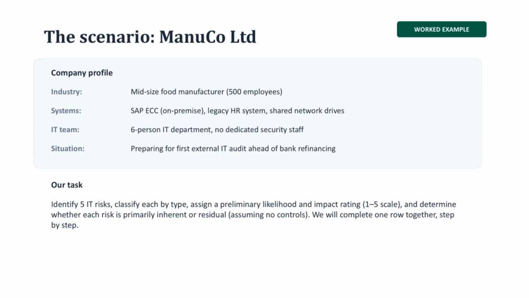First IT audit means no one has ever formally tested the controls. So a first audit almost always finds multiple high risk issues. The last one says bank refinancing, which means financial data accuracy matters enormously right now, so any risk to that data is amplified.